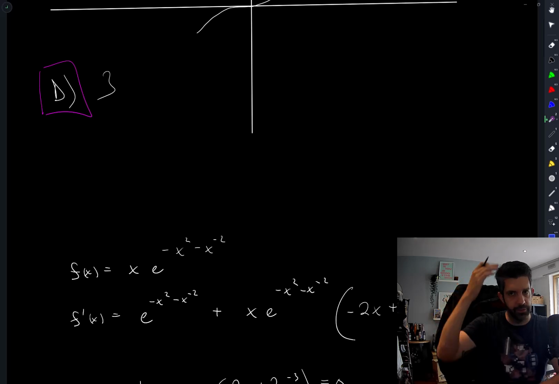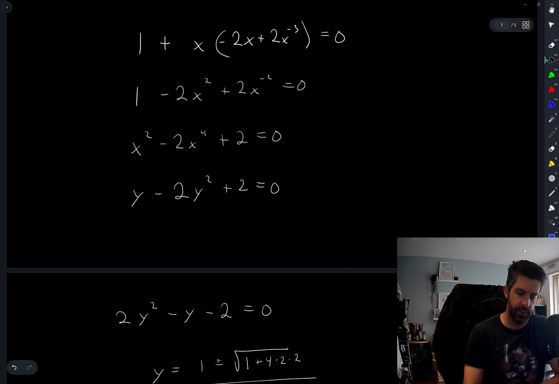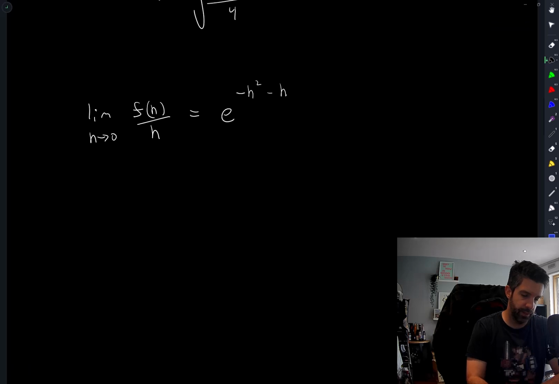And the last thing to show would be that there is a horizontal tangent at 0. This is just a question of computing the limit as h approaches 0 of f of h divided by h. And that's e to the negative h squared minus h to the negative 2.